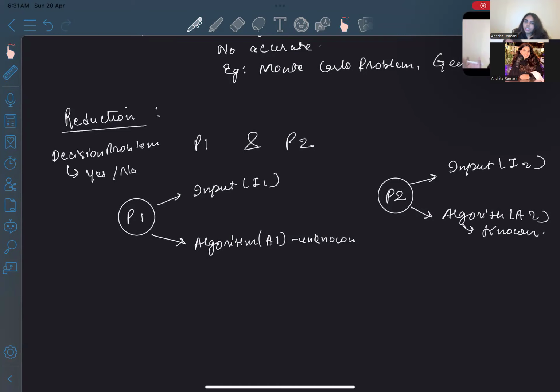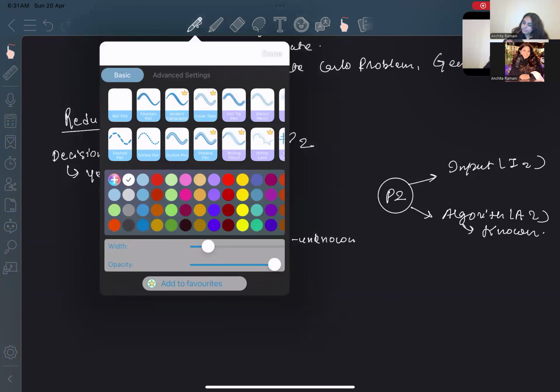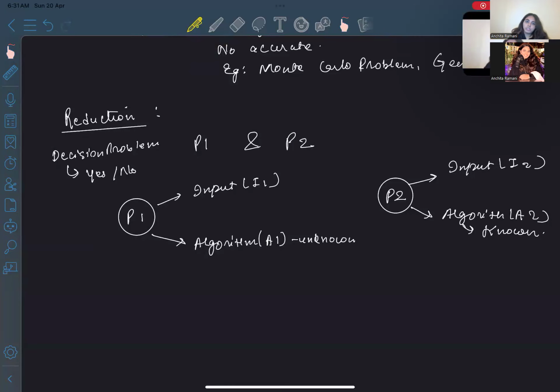So in reduction, what we say is, if P1 is solvable using P2, then P1 is reducible to P2.